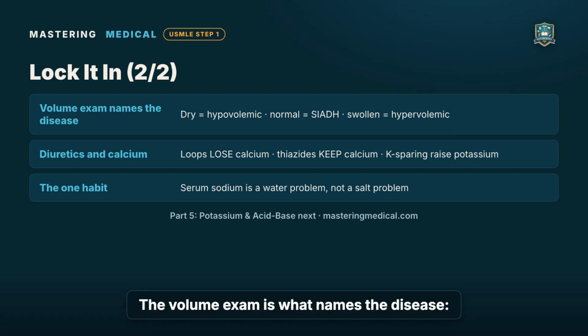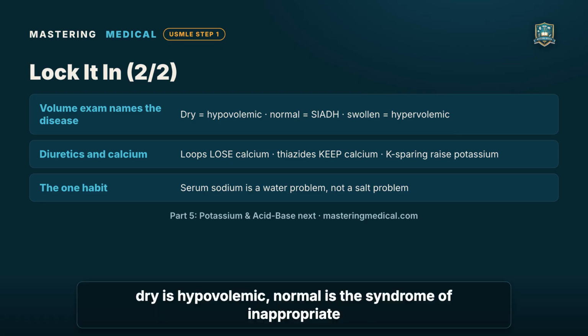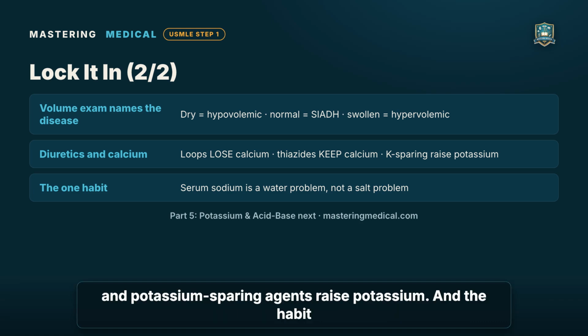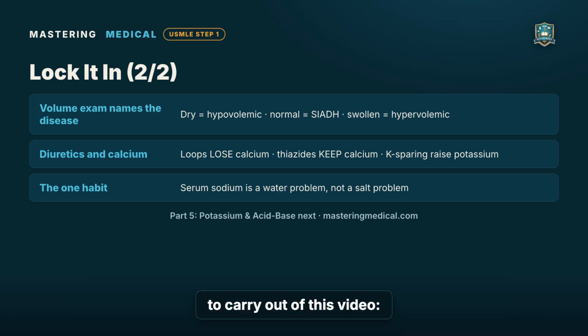The volume exam is what names the disease. Dry is hypovolemic. Normal is the syndrome of inappropriate antidiuretic hormone, and swollen is hypervolemic. For diuretics, loops lose calcium, thiazides keep calcium, and potassium-sparing agents raise potassium. And the habit to carry out of this video: serum sodium is a water problem, not a salt problem.